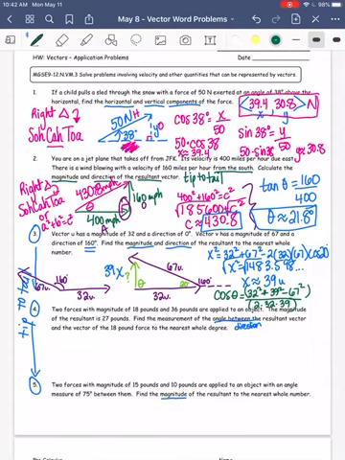Now we can just type that in. We get a negative decimal, and that's okay. So we're going to have to do second cosine, second negative.